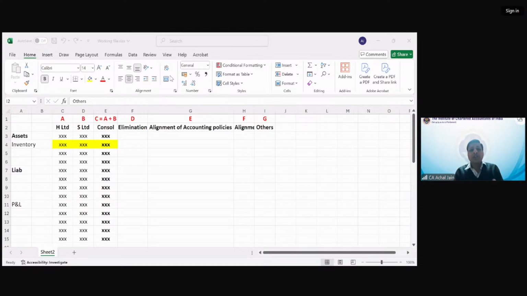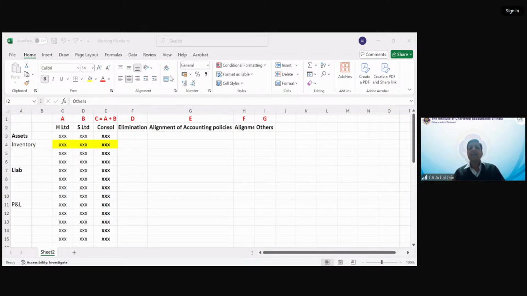You will ensure that the subsidiary company follows the same accounting policy which the holding company is following. If the subsidiary is following a different accounting policy, then for the purposes of consolidation, adjustment will be required to be made by the subsidiary in respect of those amounts to ensure that they are consistent with the accounting policy of the holding company.